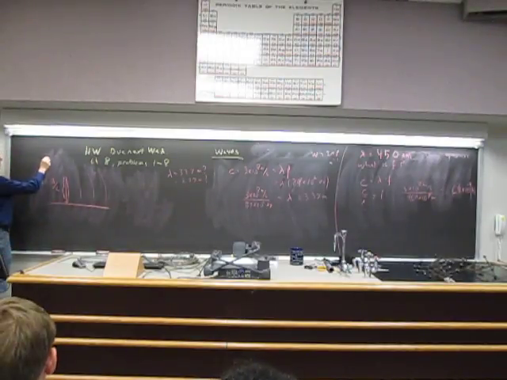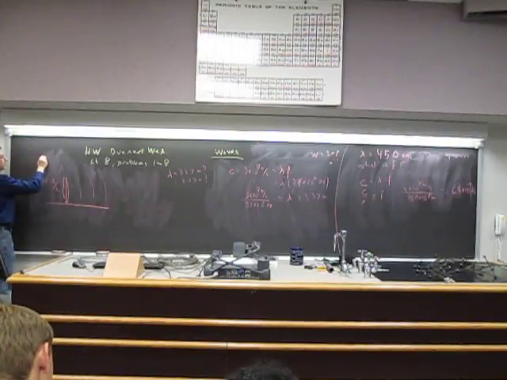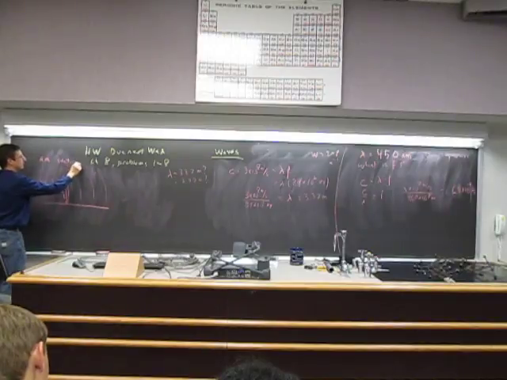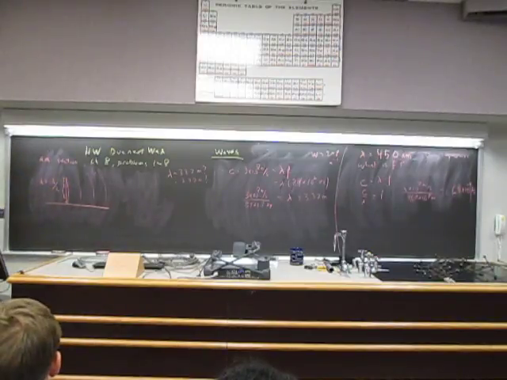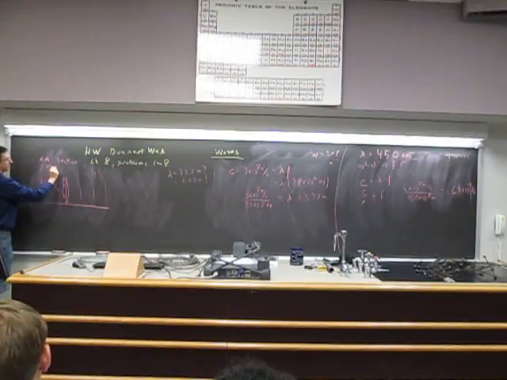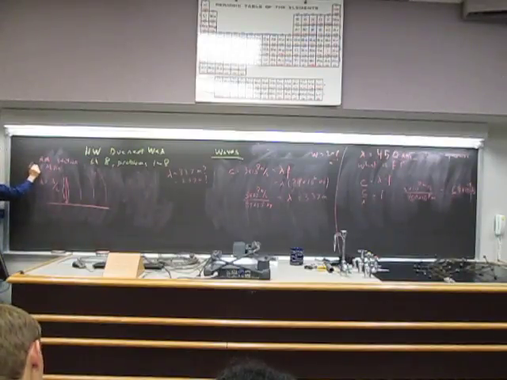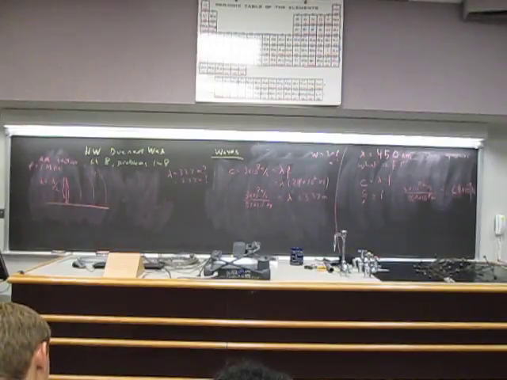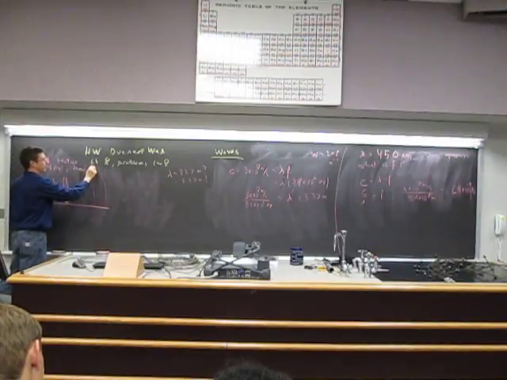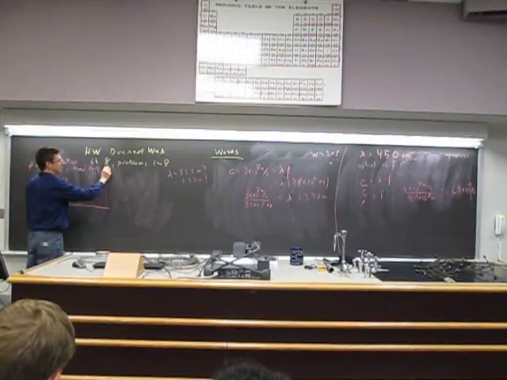So let's say I have an AM station transmitting at 1,000 kilohertz, or 1 megahertz. How tall would I want to make that antenna? How tall, roughly, is the antenna?